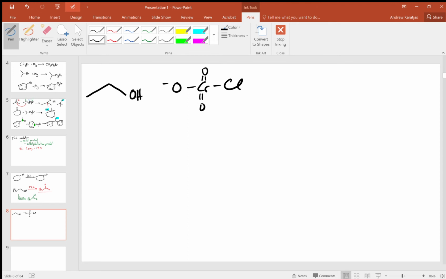So the PCC, pyridinium chlorochromate, does have a positively charged pyridinium cation counterion. We're not going to show that here because it doesn't really play a role in most of the mechanism. But the reaction starts with the alcohol attacking chromium and shifting electrons up onto oxygen. In many ways, very much like the way a nucleophile attacks a carbonyl.